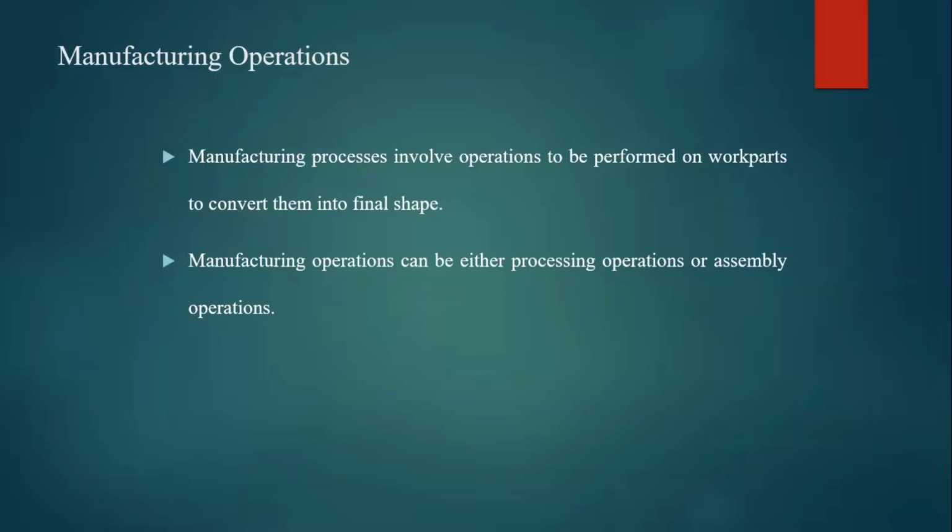Also, manufacturing processes involve operations to be performed on work parts to convert them into the final shape. We can categorize these manufacturing operations either in processing operations or in assembly operations.